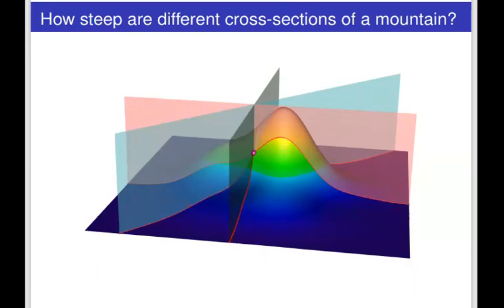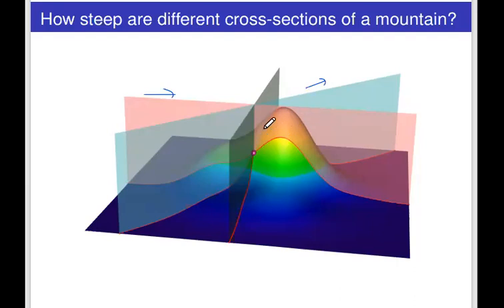I'm going to slice off this mountain through this point at different angles. You can slice off this mountain through this point in this direction, the red one. You can chop off this mountain through this point, always through this point, in this direction.